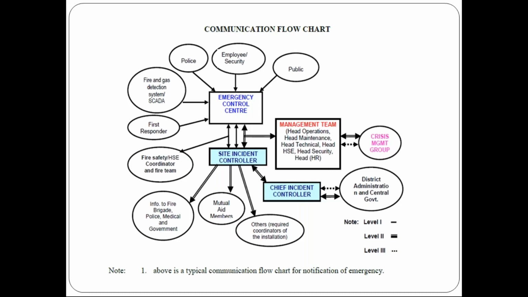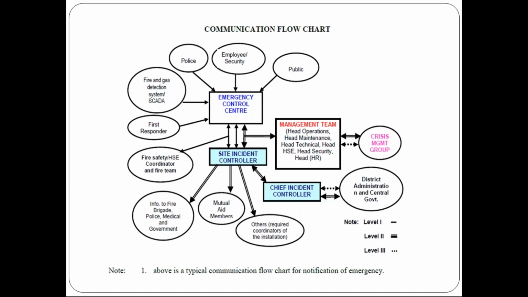There could be a high-level management team which will come into the picture when there is a level 2 or level 3 emergency. They are basically a tactical team or strategic team, or some companies call it a crisis management group. So this is how they communicate and interact with the emergency control center or site incident control center.